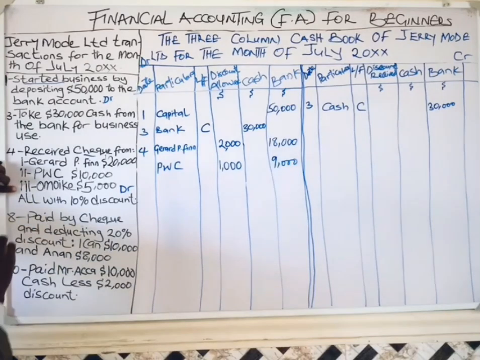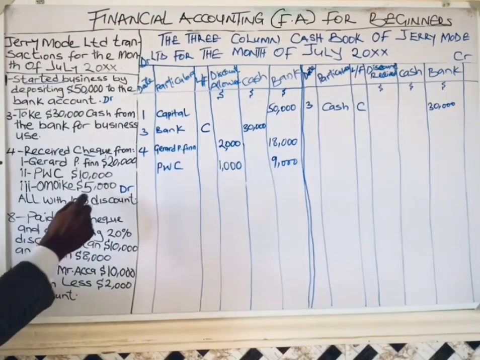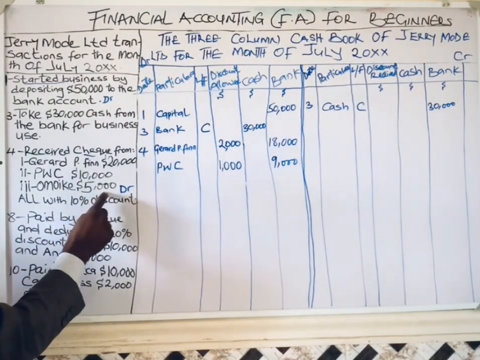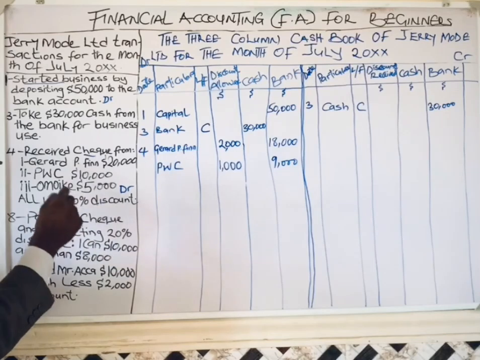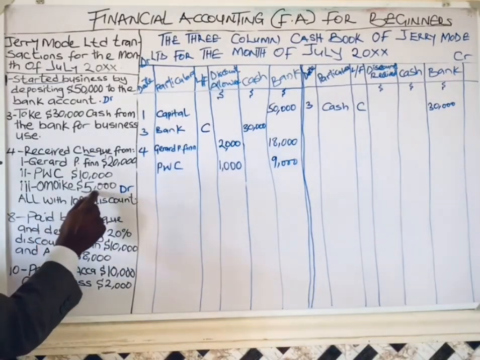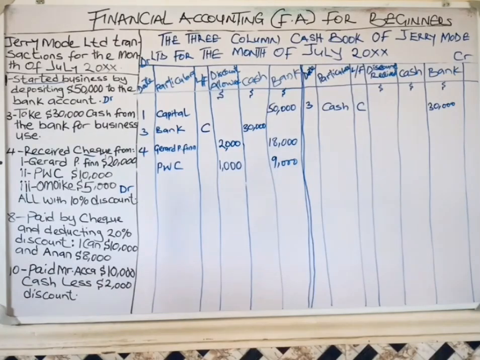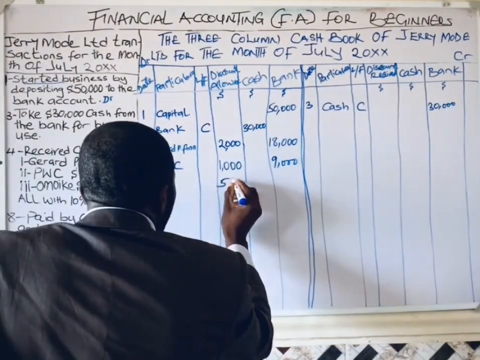Then the third customer, Omoeke, $5,000. We're supposed to receive $5,000, but we are allowing this customer, Omoeke, 10% discount. So if you calculate, 10% discount of 5,000 is 500. So the discount is 500.